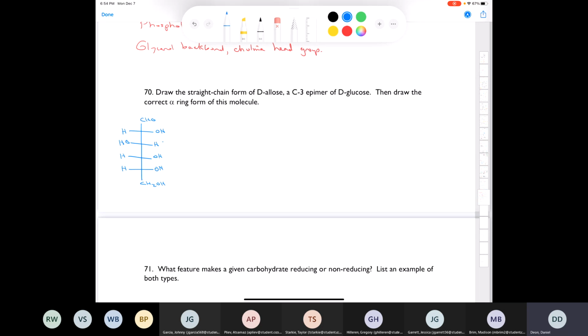Okay, so we've gotten this far. This is D-glucose. An epimer is where we just reverse the stereochemistry. So 1, 2, 3. So we're going to reverse this stereocenter here. So when we draw the allose, it's going to look like this.